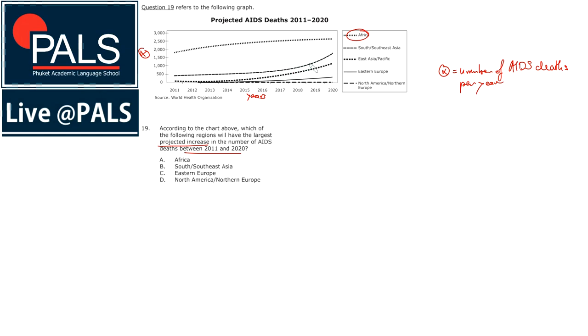And we can see the country that shows the greatest increase. This one goes up most towards the end, from around 5,000 to 1,800 or something like this. This one is fairly high too, from 0 to 1,000.